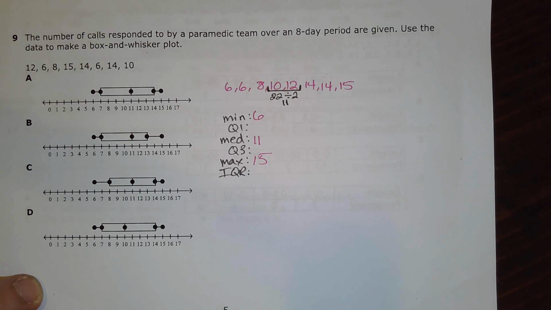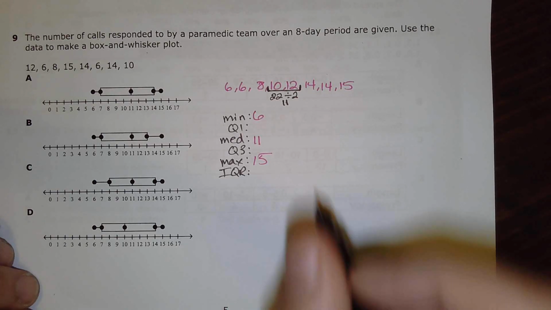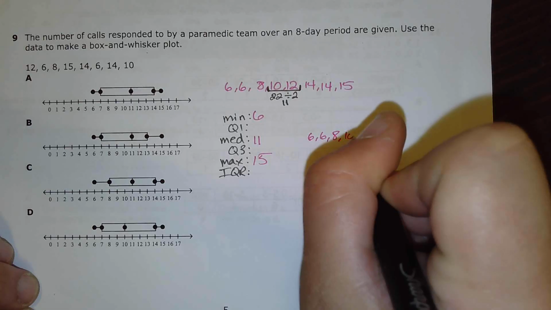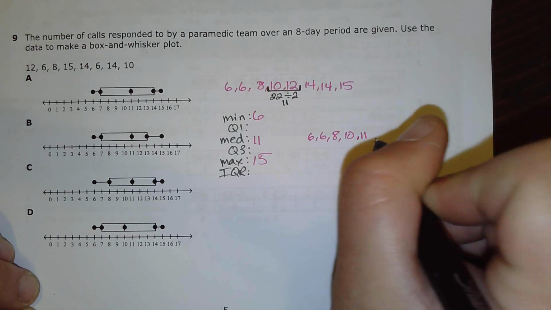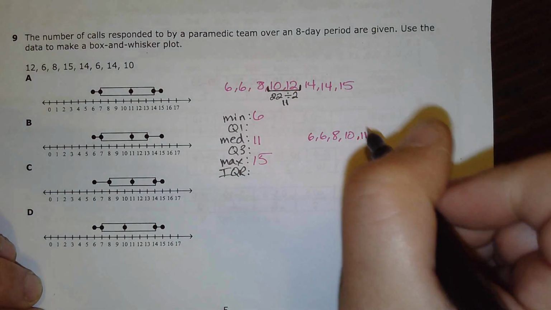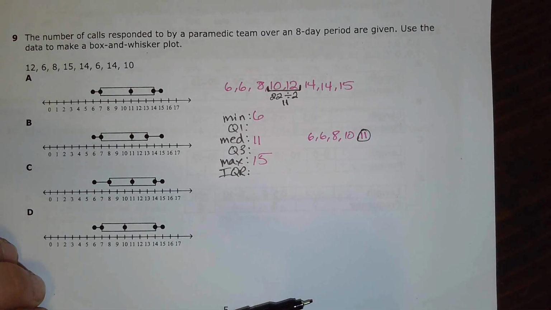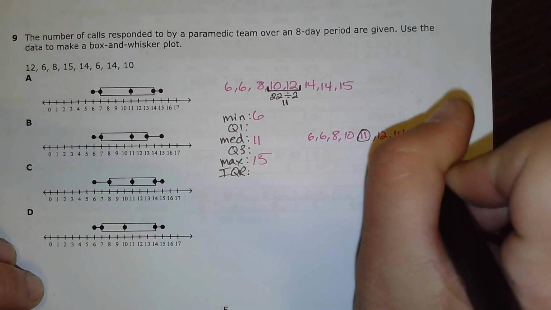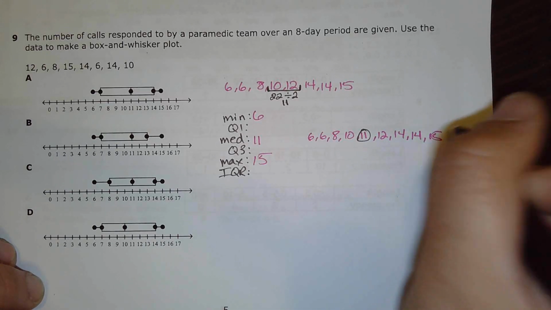Cool. Now, I need to rewrite my list of numbers with the median included. So let's go ahead and do that. 6, 6, 8, 10, 11. I'm going to circle that so I know it's my median. 12, 14, 14, 15.